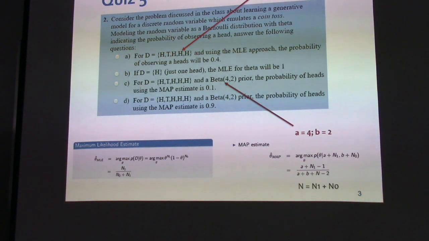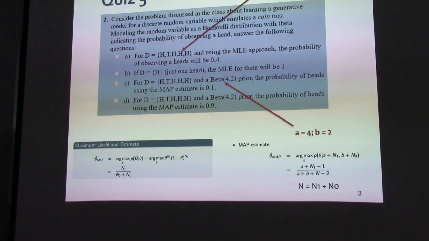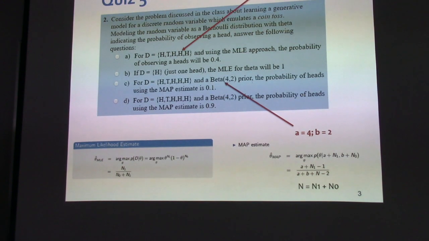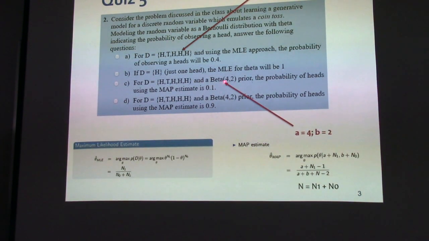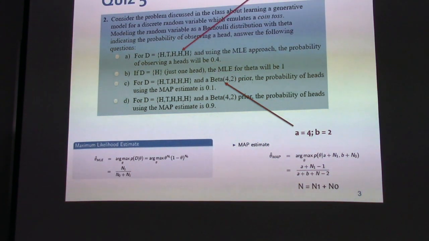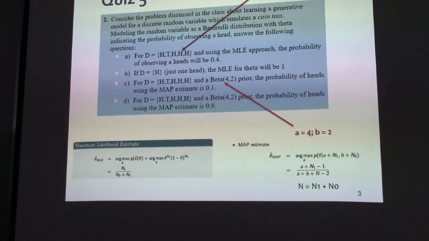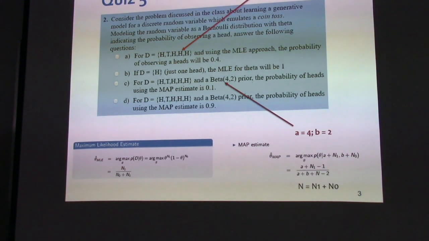I think this is just the difference between the MLE and the MAP, because the MAP estimation includes the prior probability A and B. For choice A, with A equals 4 and B equals 2, actually this is for the MLE, it's not for the MAP.